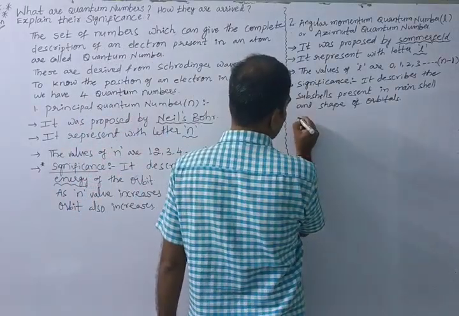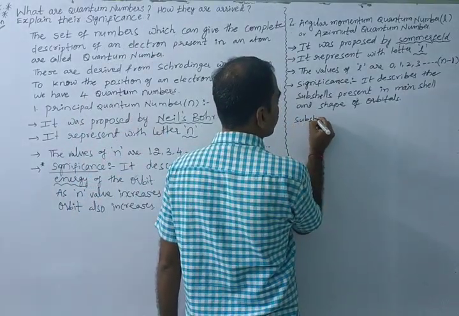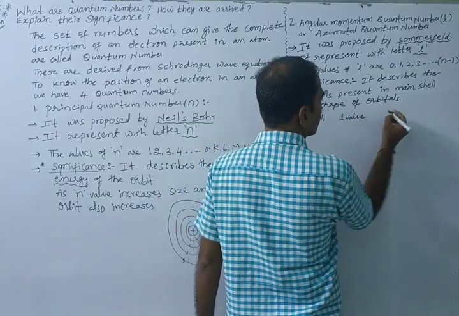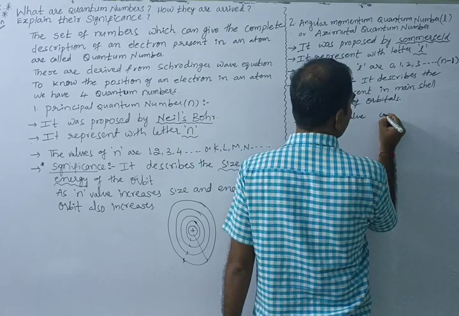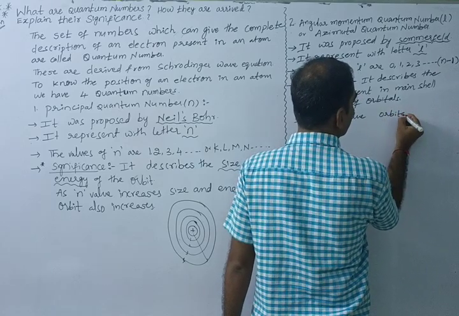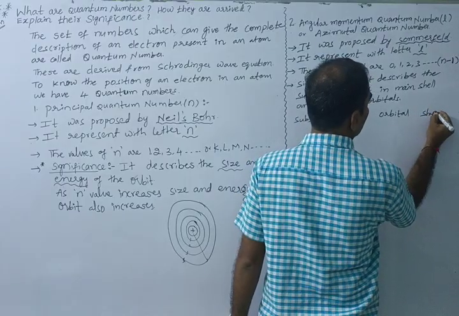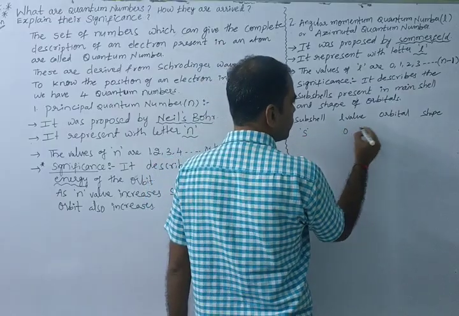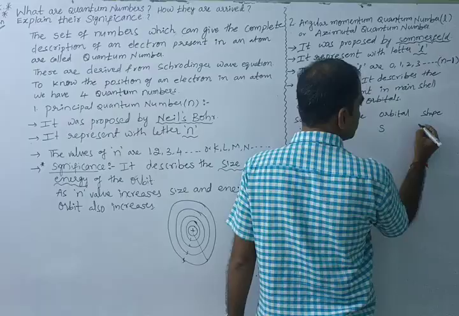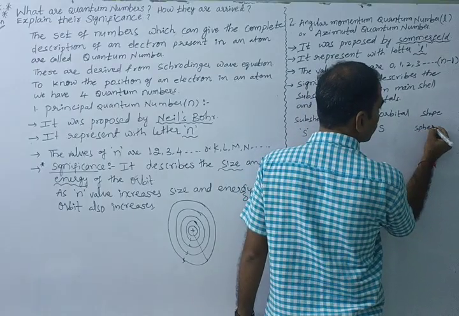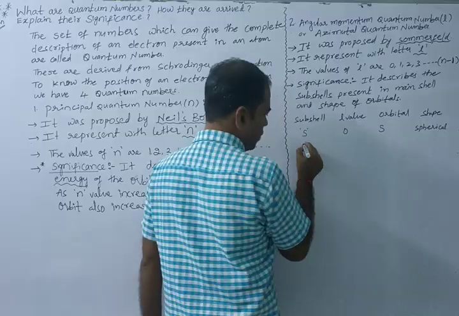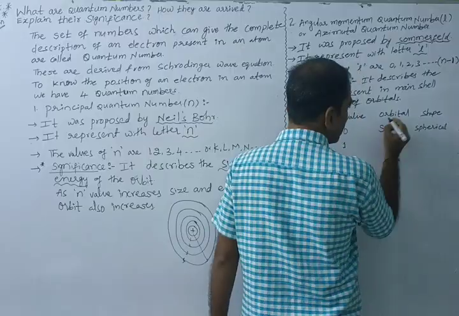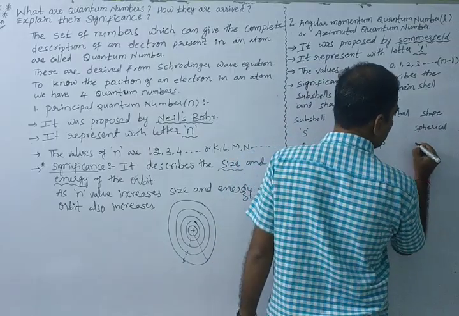Let us see here: subshell, l value, orbital, shape. S subshell: l value is 0, orbital is S orbital, shape is spherical. For P subshell, l value is 1, orbital is P orbital, shape is dumbbell shape.